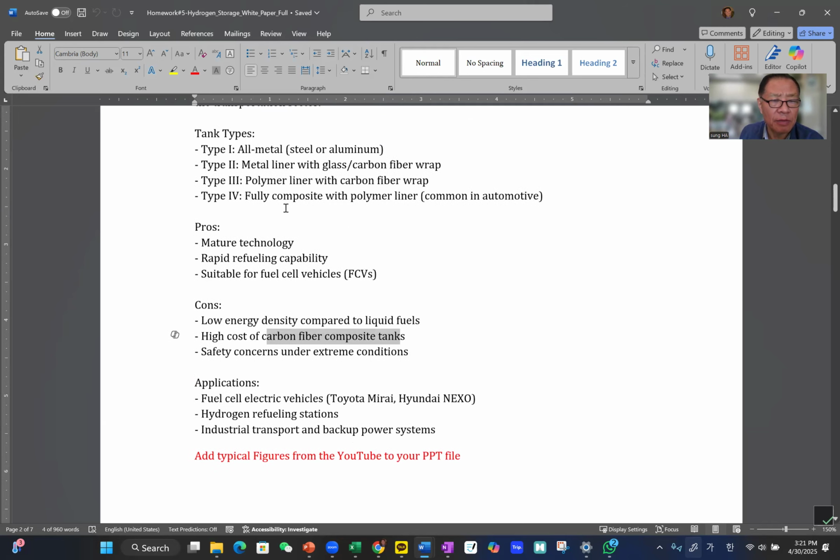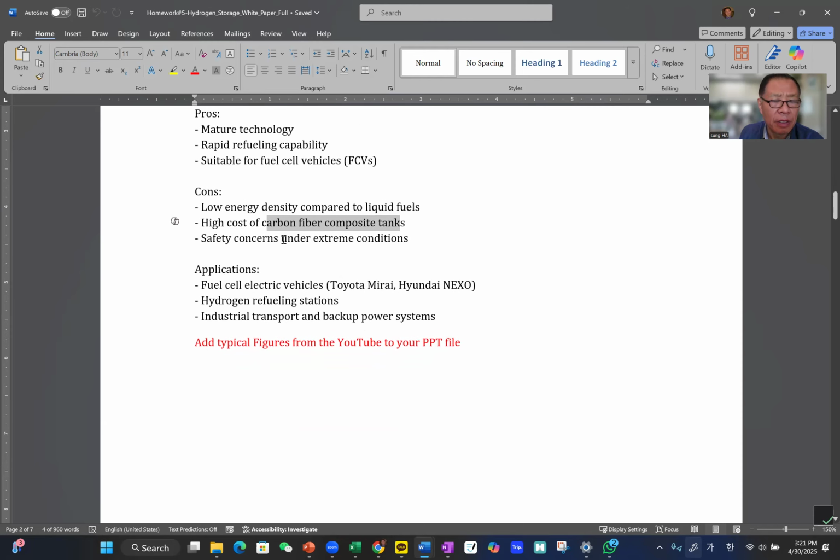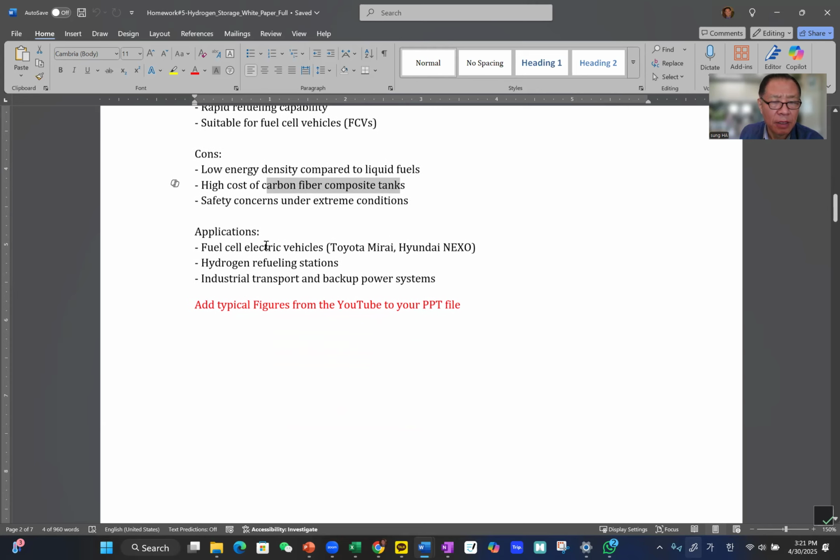Well, these type 4 tanks are made of carbon fiber. Why do we need carbon fiber rather than regular steel? Well, simply, if we use steel, the tank will be really heavy, sometimes as heavy as the vehicle itself.